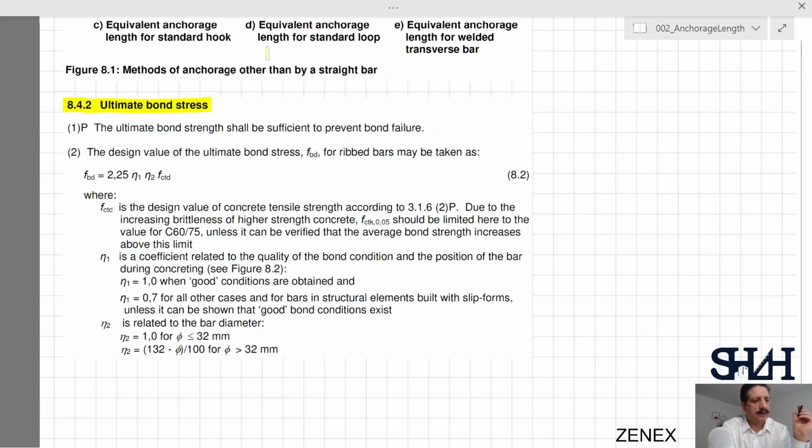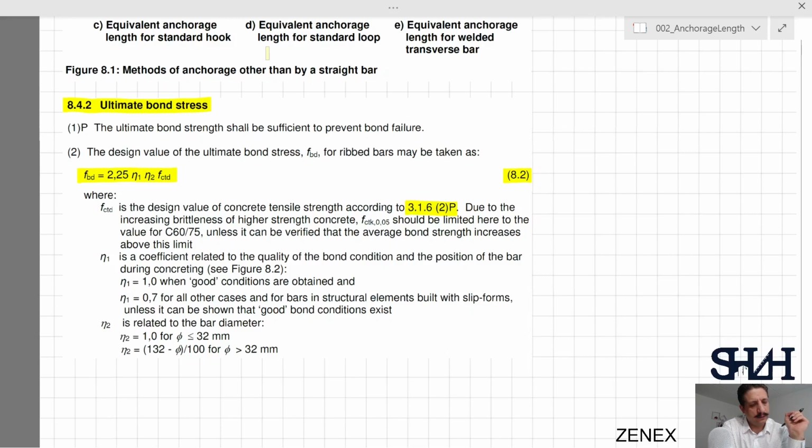The design value is calculated according to the given equation 8.2. fctd is the design value of concrete tensile strength, and we need to calculate it according to 3.16.